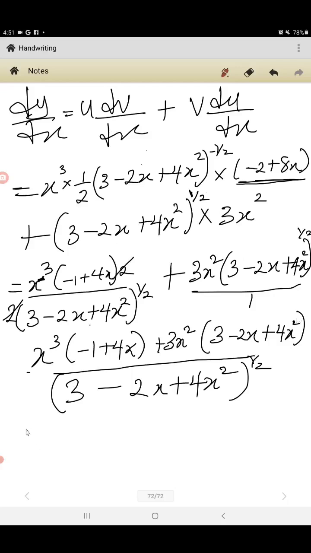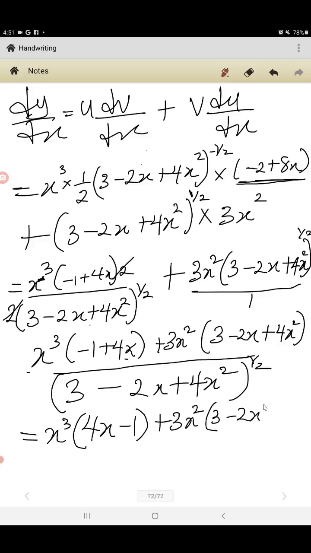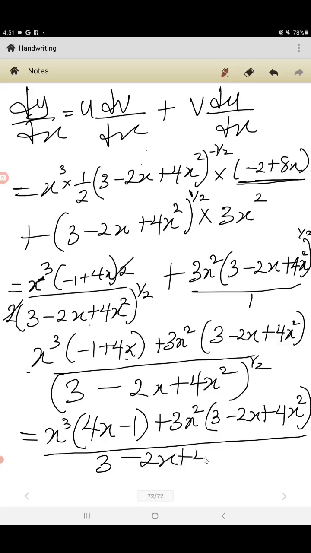So the final answer will now be, you just have to simplify, s raised to power 3 onto, you can write this to be 4x minus 1 plus 3s squared onto 3 minus 2x plus 4s squared all over 3 minus 2x plus 4s squared all raised to power half. So that is the answer. So you have to be careful to analyze this.